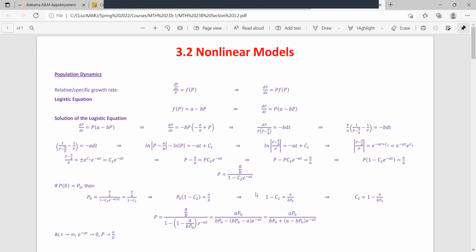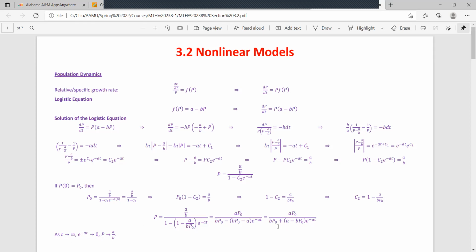Okay, so we got a solution for the problem, and one thing we want to know is what happens in the long run to the population. If t, the time, approaches infinity, then because a is positive, negative at approaches negative infinity, so e to the negative at approaches 0. So at the end, the second part in the denominator approaches 0.